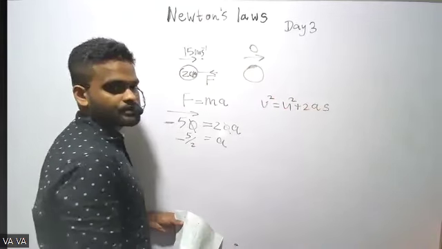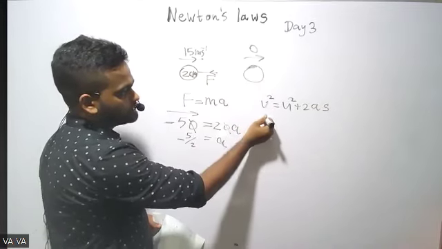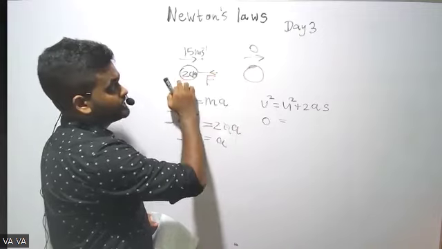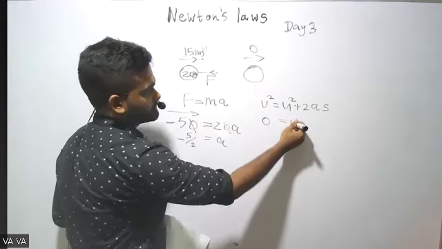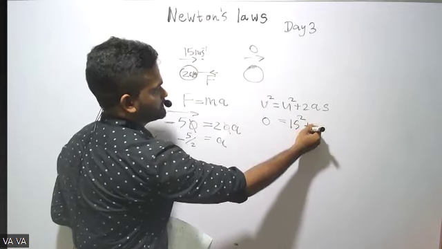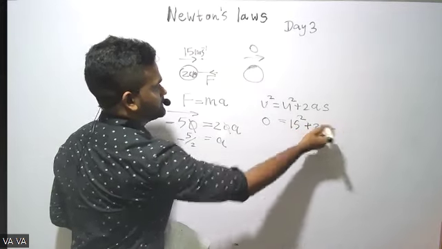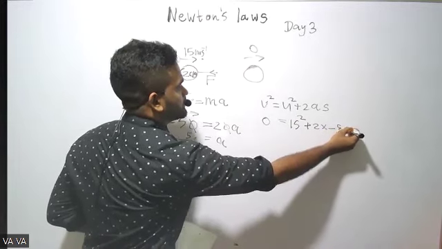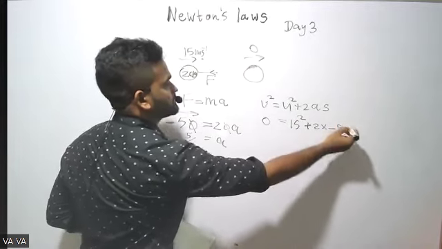Final velocity is 0, initial velocity is 15 squared, plus 2 times, this is a deceleration, so minus 5 over 2, times s.